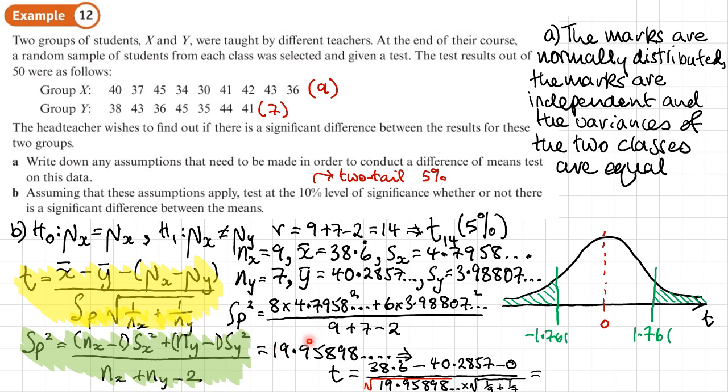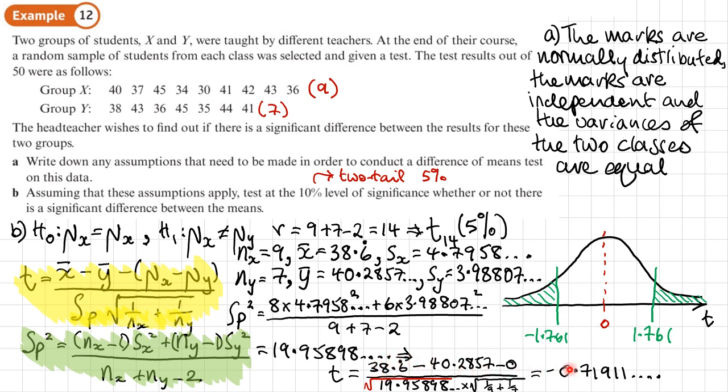So this is 19.95898 number, square root of that to get the standard deviation, times by the square roots I've got to this bit here, 1 over 9 plus 1 over 7. That gives me a value of negative 0.71911 and so on.